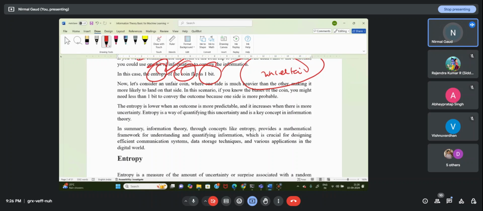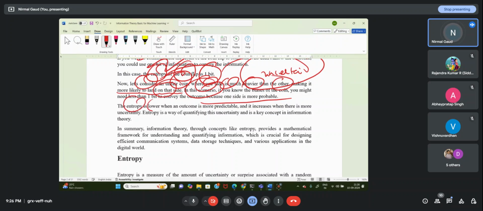So that's related to a fair coin actually, where head and tail may appear. If you consider an unfair coin, that means one side is heavier than the other, then more likely to land on that particular side. In this scenario, अनसर्टेनिटी कहाँ बची भाई? आपको तो पता ही है ना आउटकम क्या आएगा. अनसर्टेनिटी बची कहाँ?